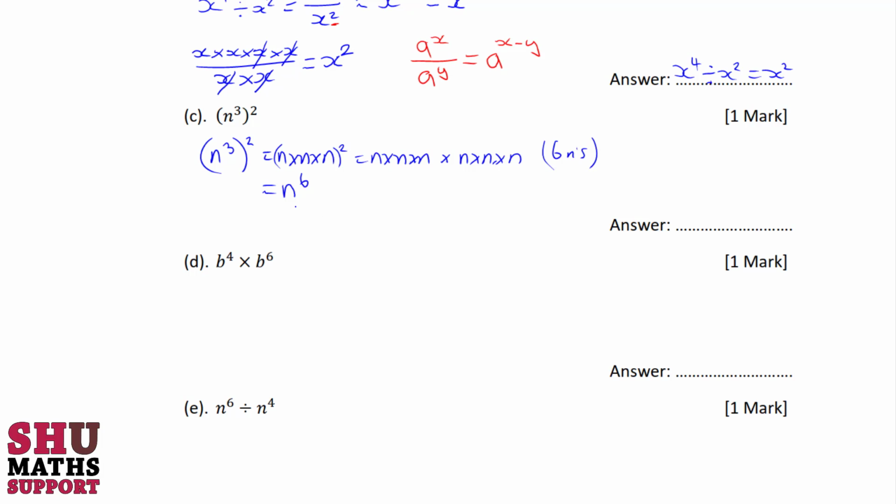And I'm sure it's no surprise that there is a quicker way of doing this, and there's another indices law we can use. So it turns out that if we have n to the power of 3, and then that's all squared, this is the same as saying n to the power of 3 times 2. And then obviously 3 times 2 is 6, so we get n to the power of 6.